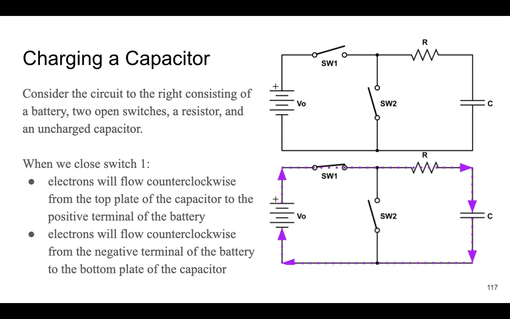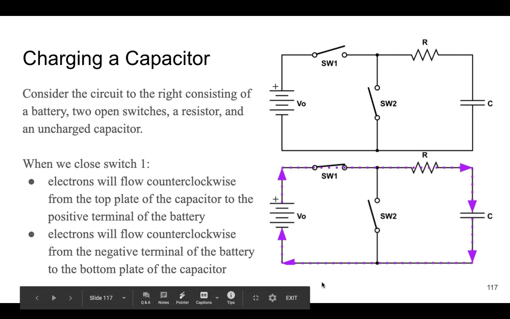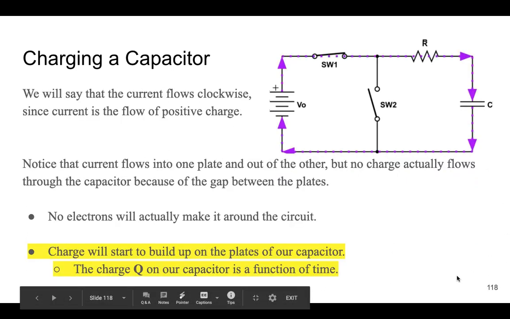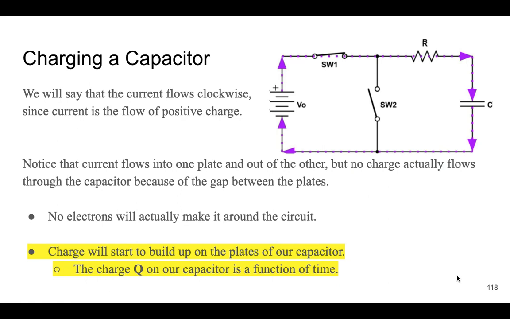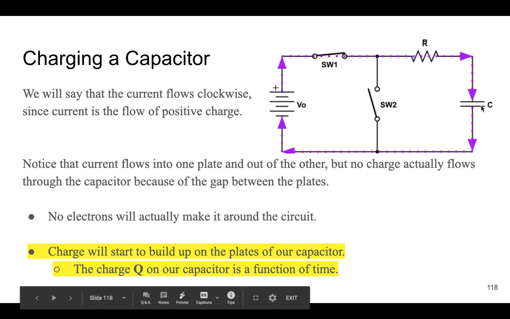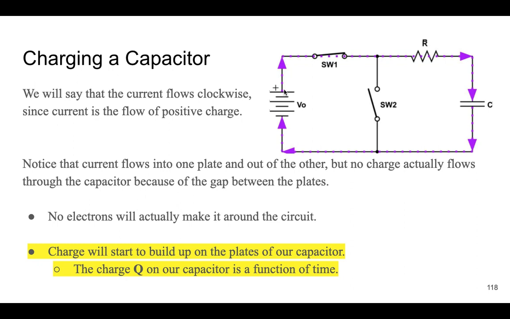If we close the switch, electrons are going to flow counterclockwise to the positive terminal of the battery. But we're going to say current flows clockwise around the battery like this. One thing that's always seemed kind of weird to me, if you think of what's happening at the capacitor, we're going to follow the current. Actually, for this one, let's follow the electrons.